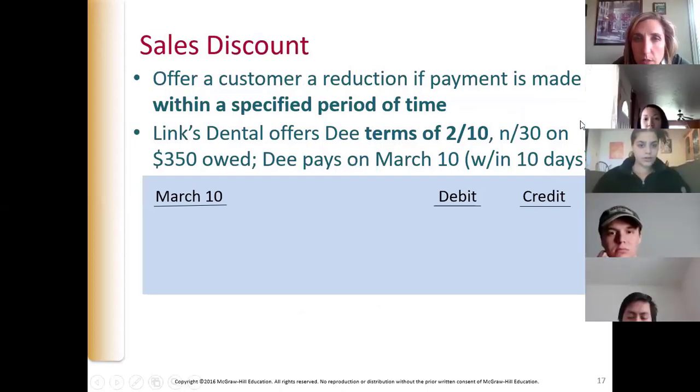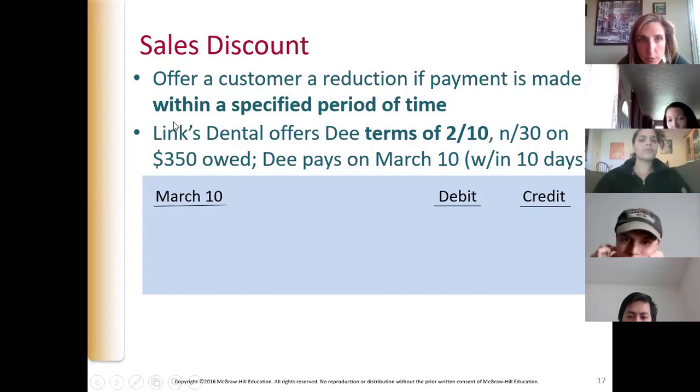So on the bill, on the invoice, if it says some kind of terms like this, if it says 2/10, comma N30, it will mean that if you're the customer, you can take a 2% discount off of your bill. You can pay less. You can owe less than $350. You can owe 2% less if you will pay that bill within 10 days.